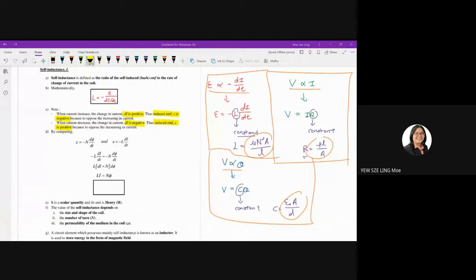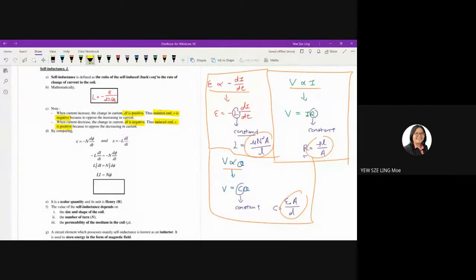Why? Because when it comes to questions, or examples in your books and tutorials, you're not given the sign convention. You yourself have to know which sign to be used in your calculation. Soalan tak akan bagi kamu sign convention. Next, by comparing EMF equals negative N dphi over dt and EMF equals negative L dI over dt, we obtain the equation L I equals N phi.